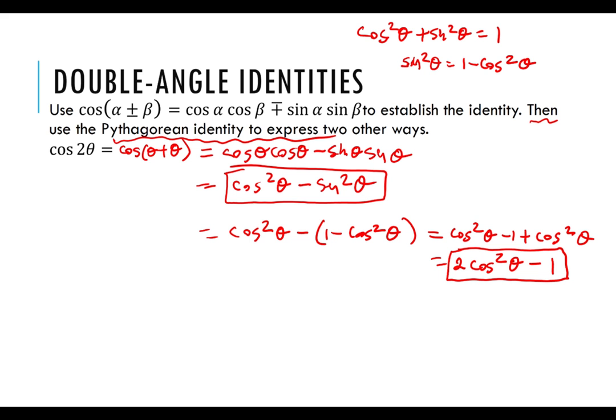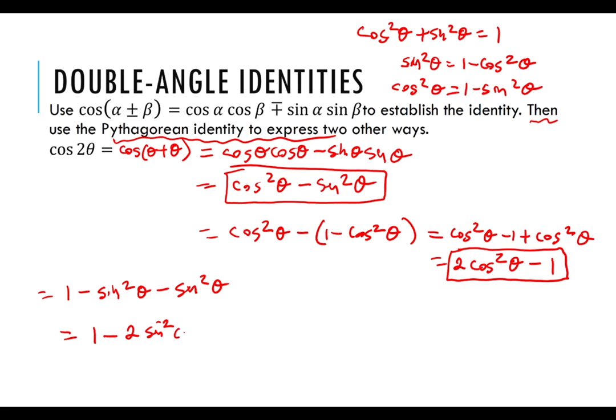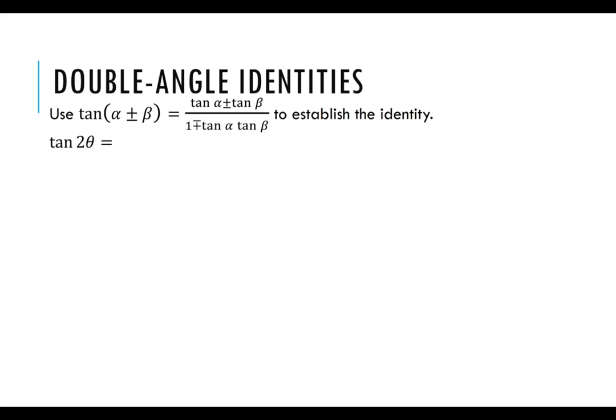One last one, go back to my original box, and instead of replacing sine squared theta with 1 minus cosine squared theta, replace cosine squared theta with 1 minus sine squared theta. And then we'll get that this is 1 minus sine squared theta minus sine squared theta. And then combining like terms, this is then 1 minus 2 sine squared theta. 1 minus 2 sine squared theta is just another nice representation of cosine 2 theta.